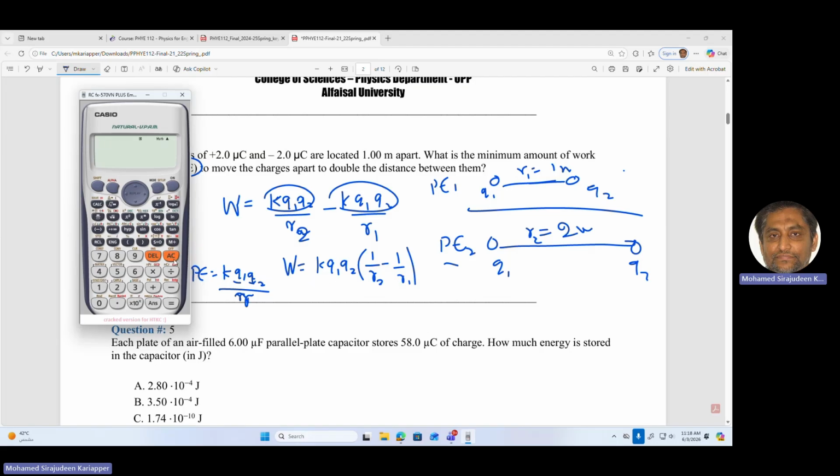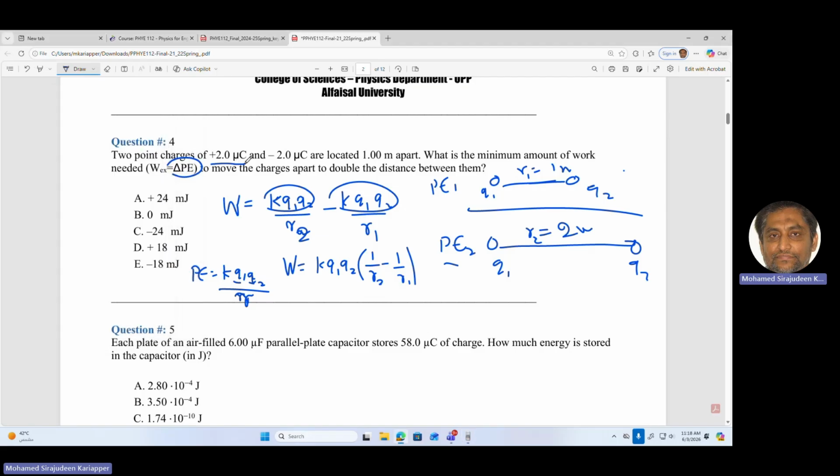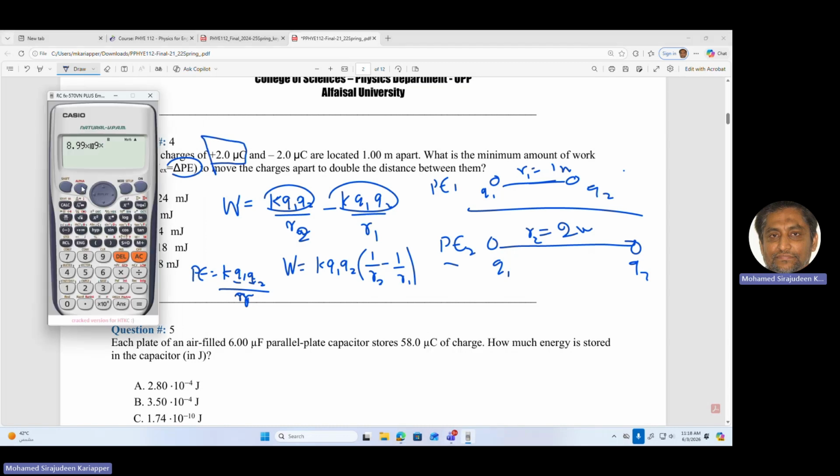So work done is K, which is 8.99 exponent 9, multiplied by Q1 with the sign. This is very important, not to forget that: -2 plus 2. Micro is exponent minus 6. I better put this in the bracket because I want to bring in the negative sign.